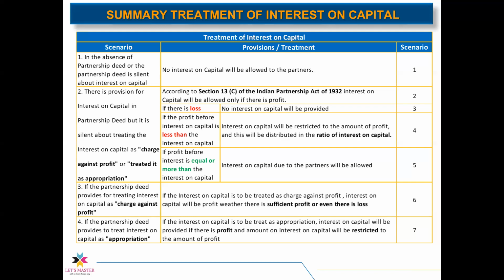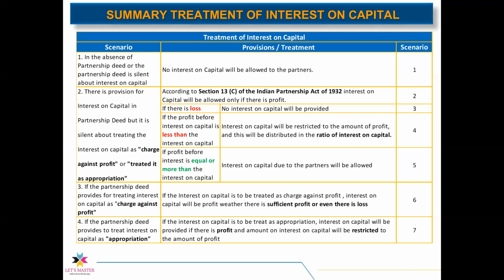If the profit before interest on capital is less than the interest on capital, the total interest on capital to be provided is 12,000 and the profit is only 10,000, then interest on capital will be restricted to the amount of profit, and this will be distributed in the ratio of interest on capital. We will discuss this ratio on the following slides, when we take up all these scenarios one by one in detail.